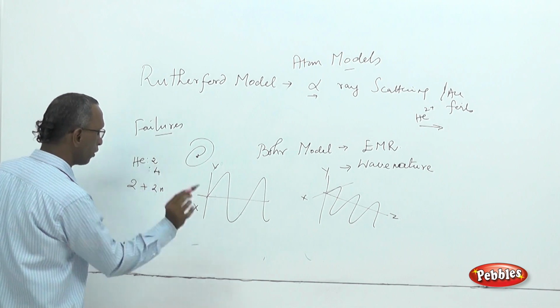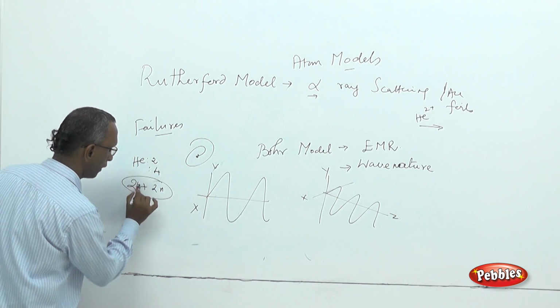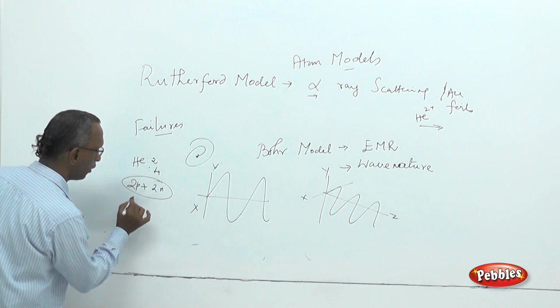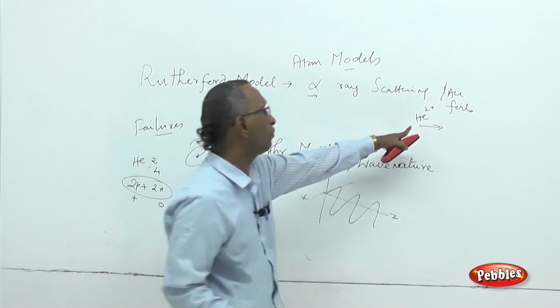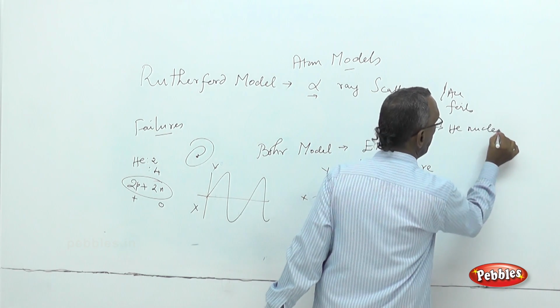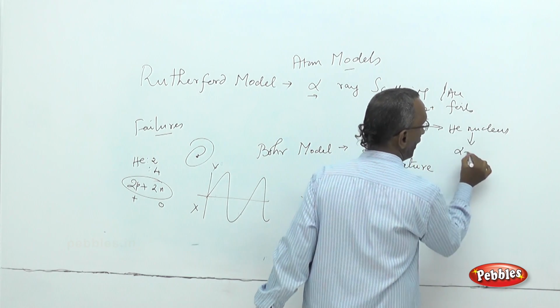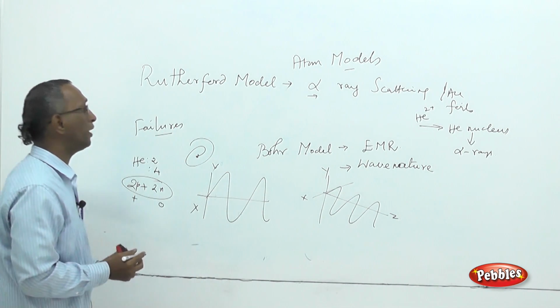When the 2 electrons are removed, we have 2 protons and 2 neutrons. Protons are positively charged, neutrons are chargeless, so it is only nucleus. It is called helium nucleus. Helium nucleus is nothing but alpha rays.